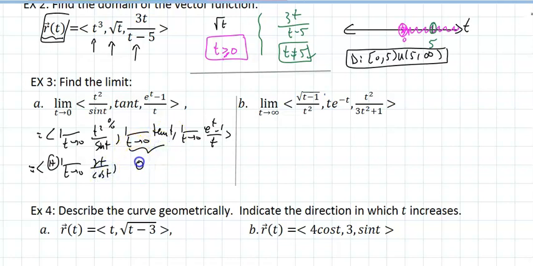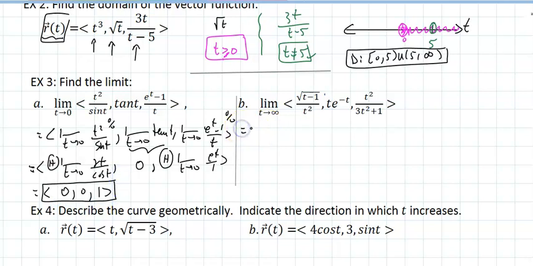Here, I'll simply get 0, that's done. And here, if I throw 0 in, 1 minus 1, 0 over 0 by L'Hopital. Every time you use L'Hopital, you have to use that H, indicating what you're doing. And now, if I throw 0 in, I'll get 0 over 1, which is 0, 0. And if I throw 0 in, I'll get 1 over 1, which is 1, and that would be my answer.